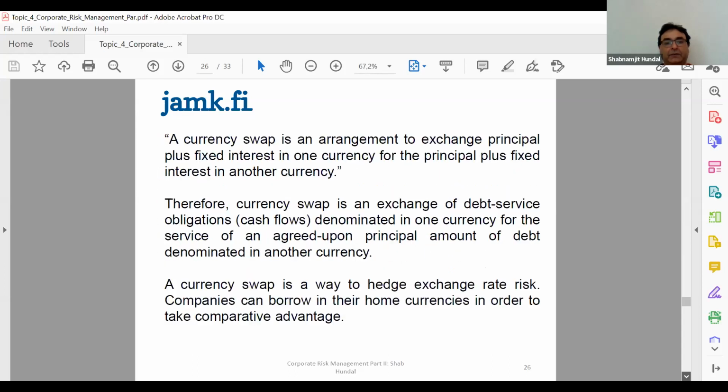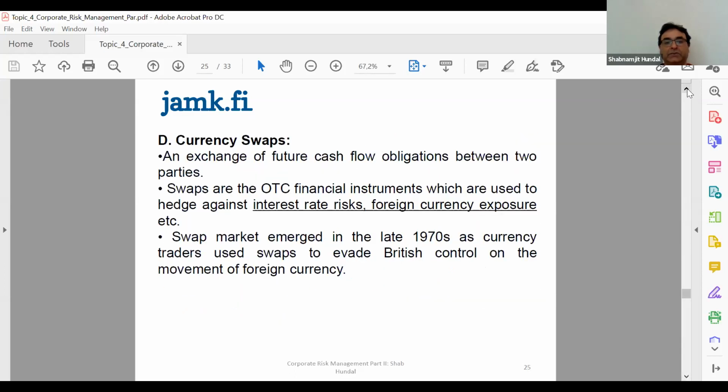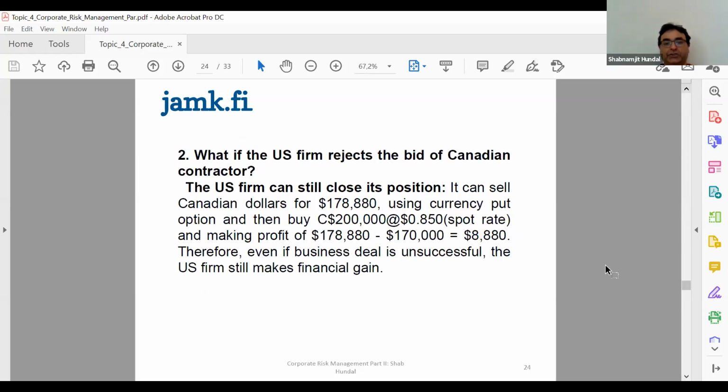Besides, the swap contract is not in your syllabus. So you should finish your learning of this topic at slide 24, but you also subtract the other slides which I just named, which you don't have to read. So this is quite a shorter version of the risk management topic.